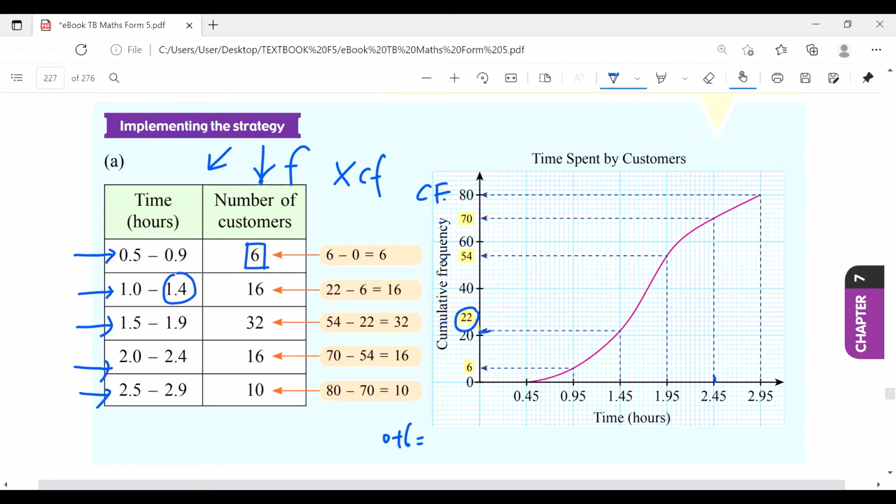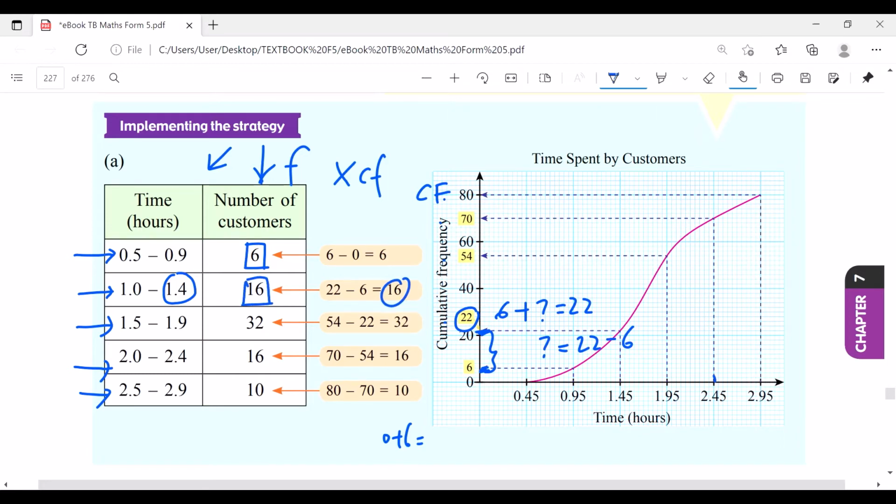Because 22 you get from 6 plus something, so your unknown will be 22 minus 6, because you want to find the value here. You don't want to include 6. So you minus, and you'll get 16. So you write 16 here.